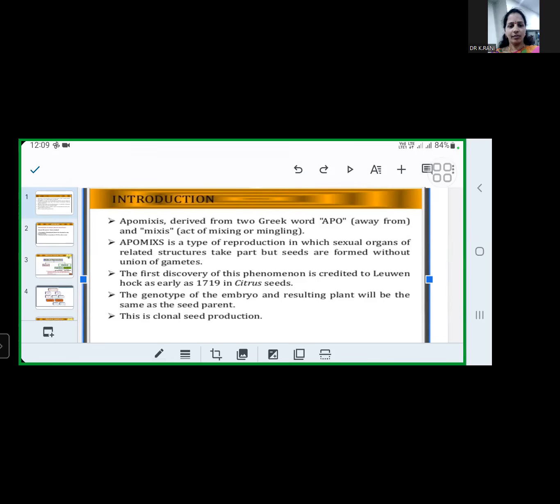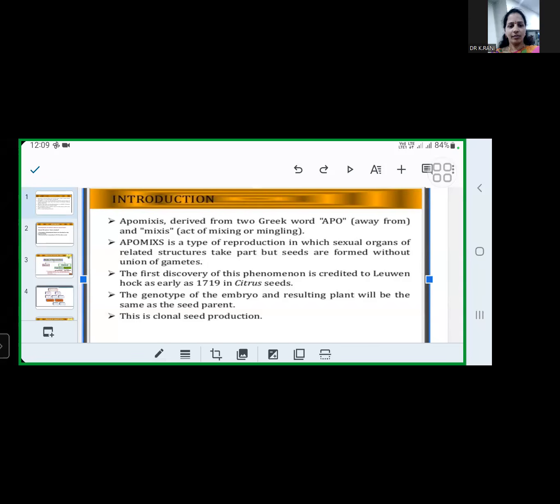It was first discovered by Antony van Leeuwenhoek in 1719, but before that, Ashton Field Rambier also discovered it in a partial way, in the plants Taraxacum and Hieracium.